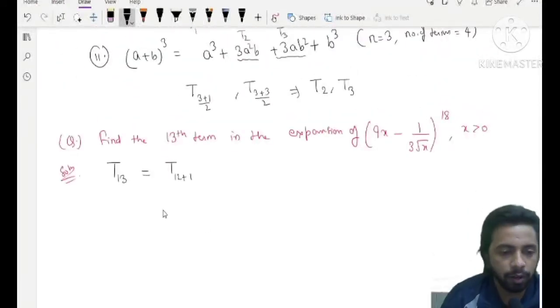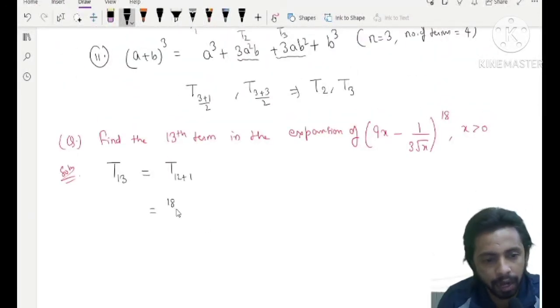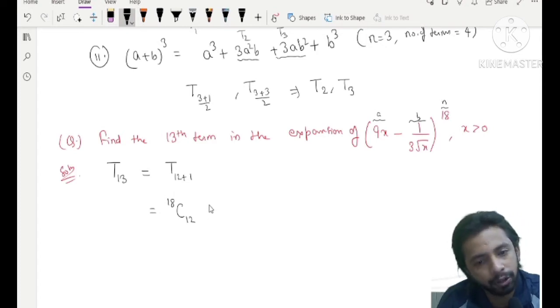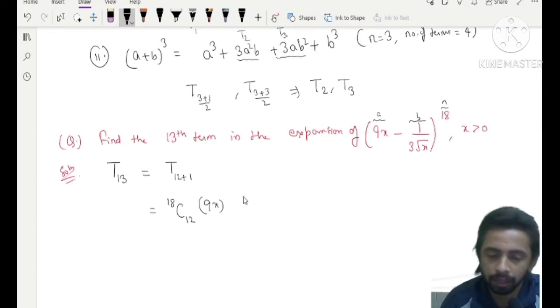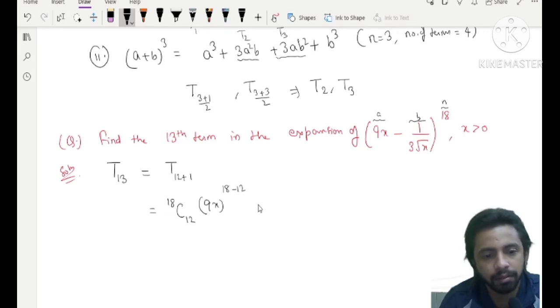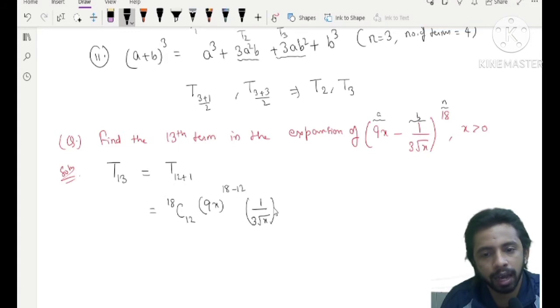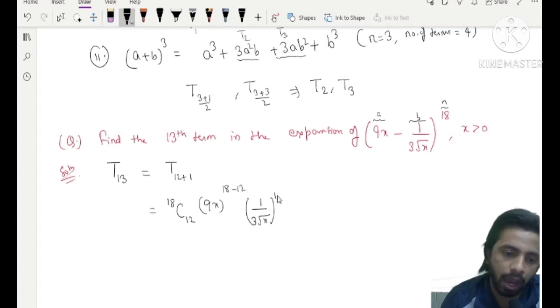So T of 12 plus 1 will become 18C r. The value of r is 12. This is a and this is b and this is n. So this becomes a to the power, 9x to the power n minus r. n is 18 and r is 12, so 18 minus 12, and b is 1 by 3 root x raised to the power r. r is 12.